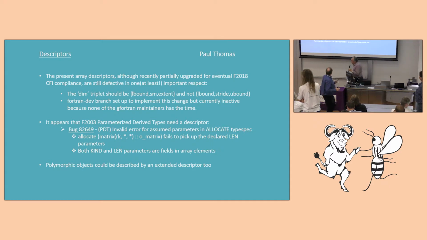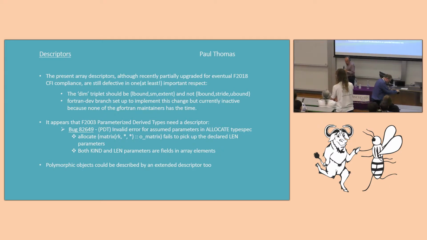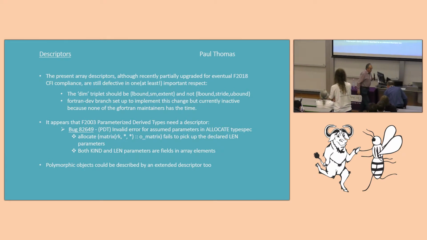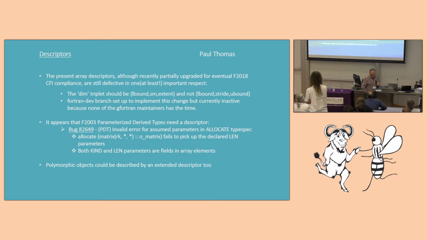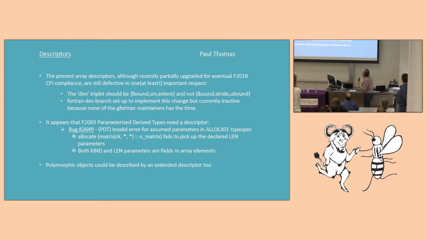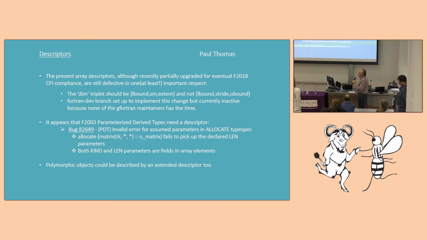Now, this one is less for discussion and more just to inform you as to what we're up to. Unfortunately, the originators of Gfortran were working in the day when memory was still an issue. So they sought to make the array descriptor as small as possible.